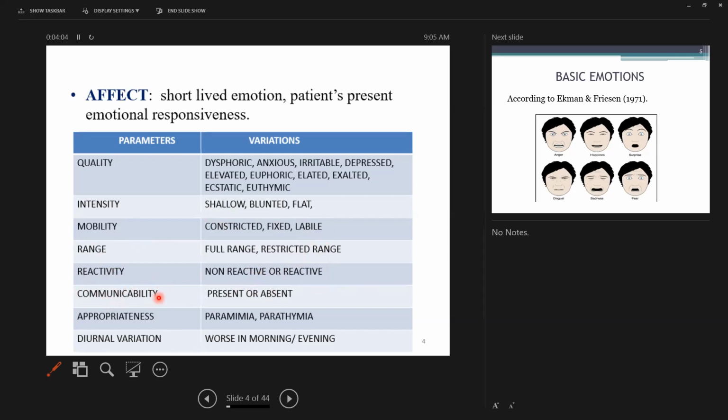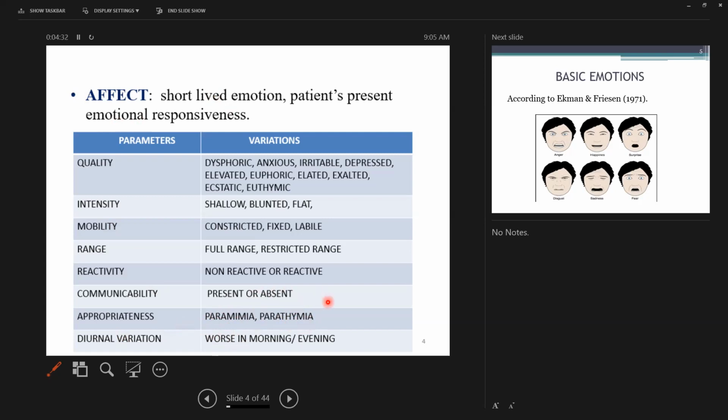Now, appropriateness is the congruence between the expressed quality of emotions and the content of speech, thought, the expected degree of intensity. Appropriateness includes paramimia and parathymia. Paramimia is the lack of unity between various modes of expression, and parathymia is the expression of emotion that is exactly opposite to what is expected under these circumstances, for example, laughing at tragic news.